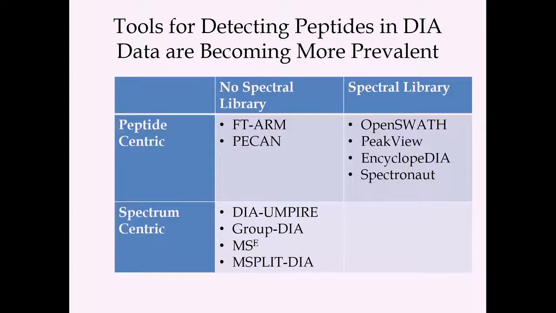We should find out literally any day now. And then FT-ARM is a method that Jim Bruce published. And then there are these other tools which still analyze DIA data, but in the context of a spectrum-centric result. They try to demultiplex these complex spectra and still treat it like a search result. You're still, in essence, getting a peptide spectrum match, and you're not necessarily getting results for every peptide that you query against your data.